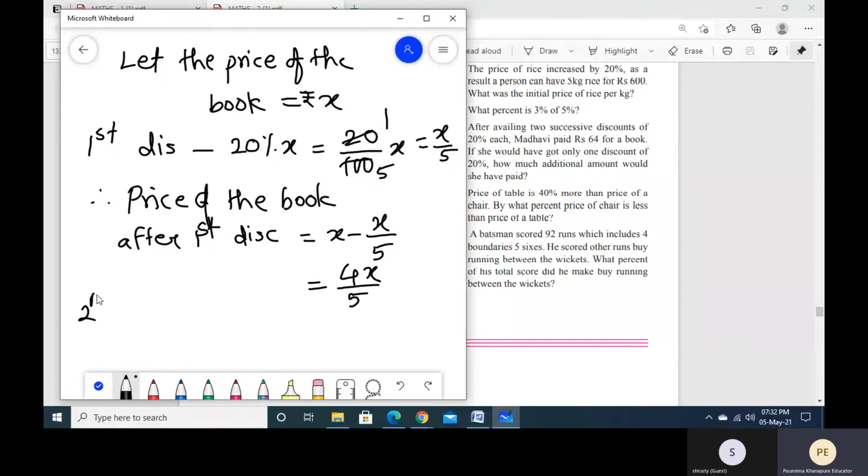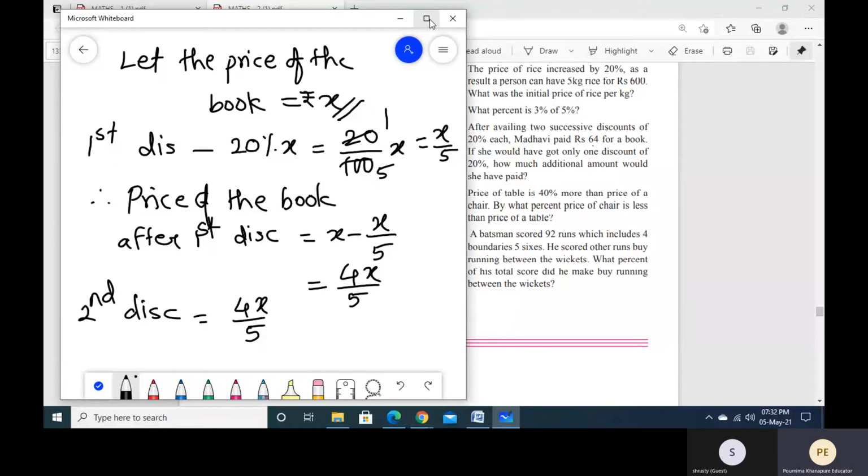Now for the second discount, again the same thing will happen because the discount is on the price. So the second discount is again the same, 4 upon 5, because 20% again. So that price is now 64.